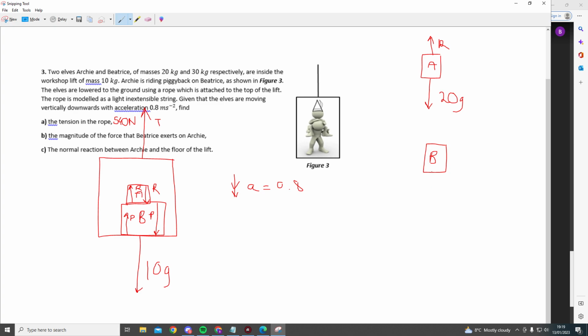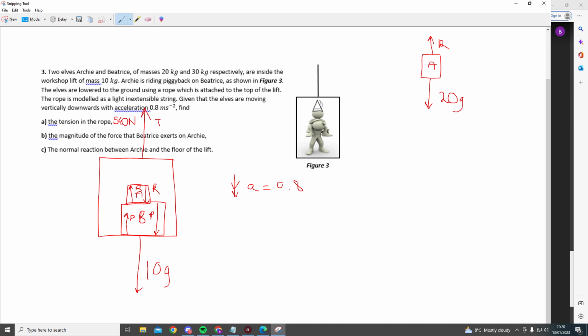All the forces acting on B are going to be its weight, which is 30g, and then the force that the lift pushes up onto B, which is P. But it also has R. And because of these two unknowns, we can't do anything at the moment, which is why we have to consider the forces acting on A. So let's get rid of this.